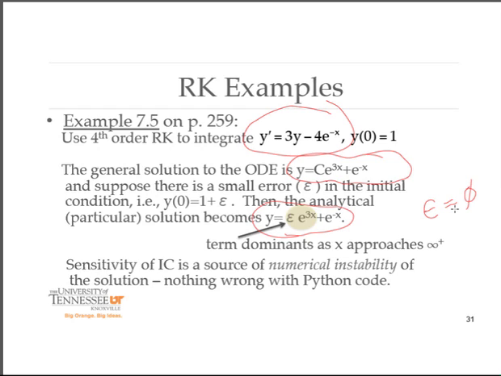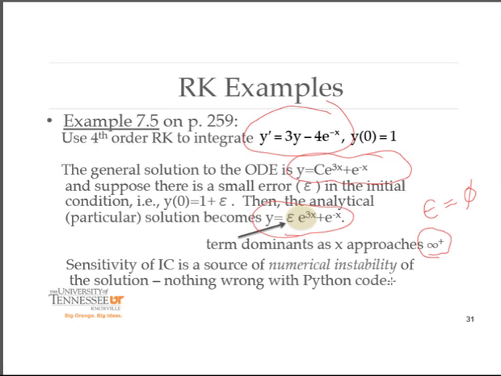So if there's just a slight perturbation in the initial condition, we have this term to deal with. But what's interesting, as x approaches infinity, that term will dominate this term. This term will get smaller and smaller, but this term will not, you see. Even though this epsilon is small, e to the 3x can be huge as x goes to infinity.